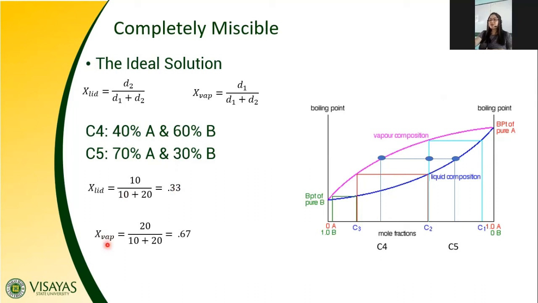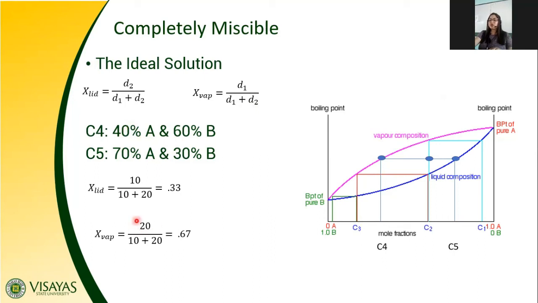Then let's proceed to the mole fraction of the vapor, whose equation is distance 1 divided by the summation of distance 1 and 2. Replace it with the numerical value. Distance 1 is equal to 20, because the composition A of C2 is 60, minus C4, which is 40%.